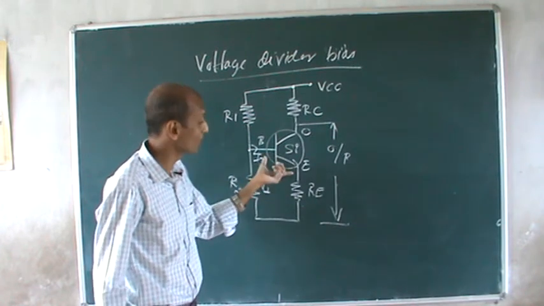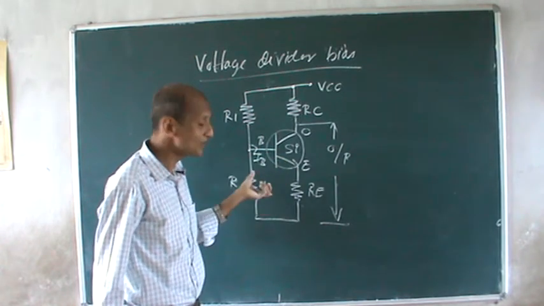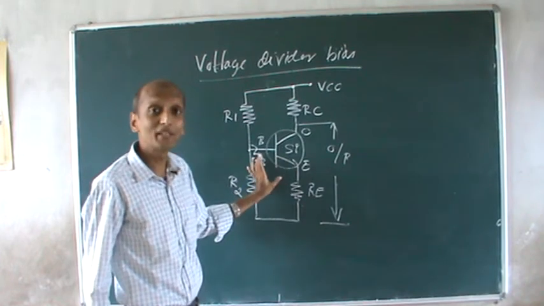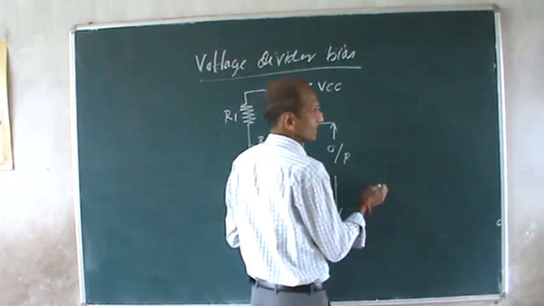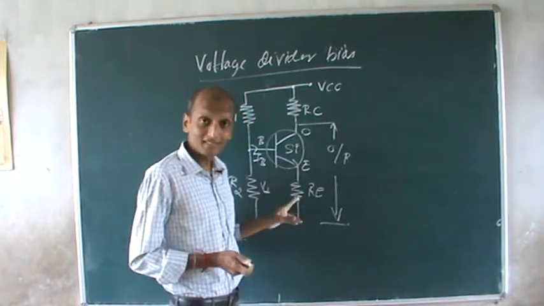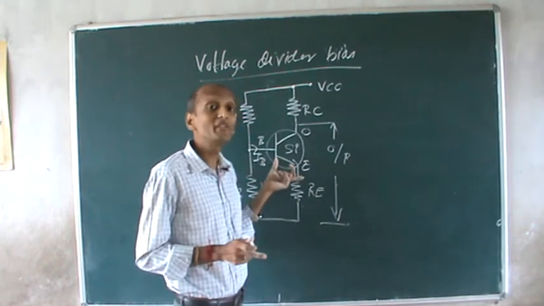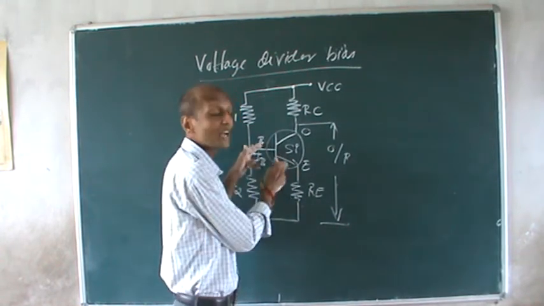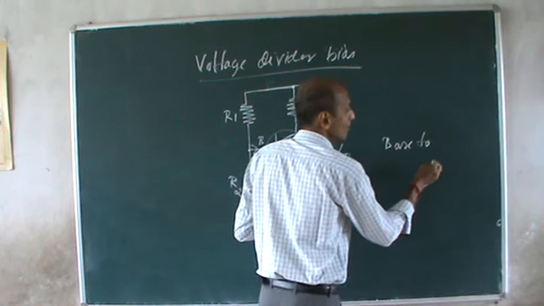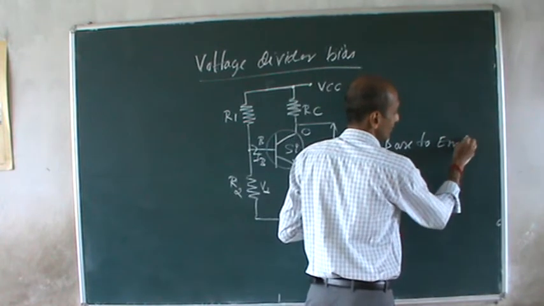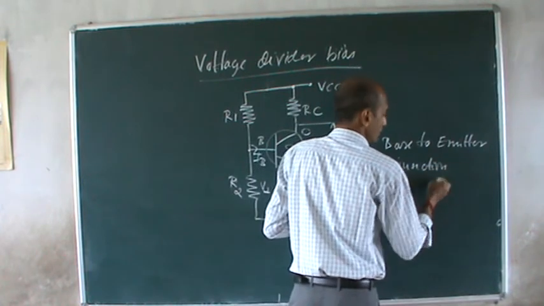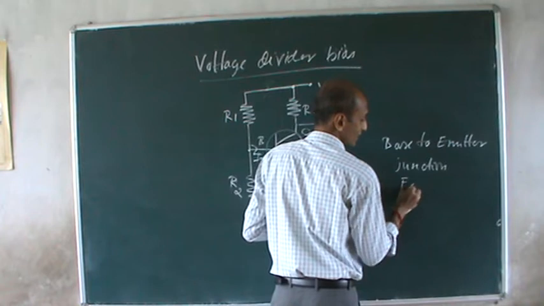This voltage will be biasing your base to emitter junction, which is forward biased. For amplifier application, another important thing is that for your transistor to work as an amplifier, your input terminal, the base to emitter junction, must be forward biased.